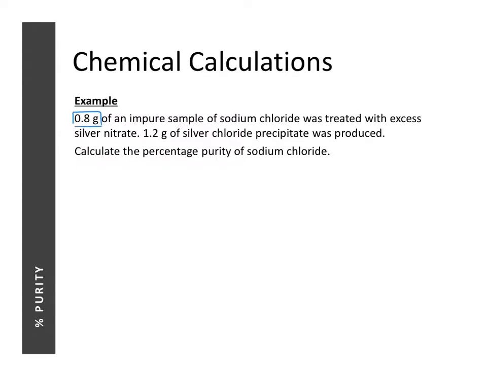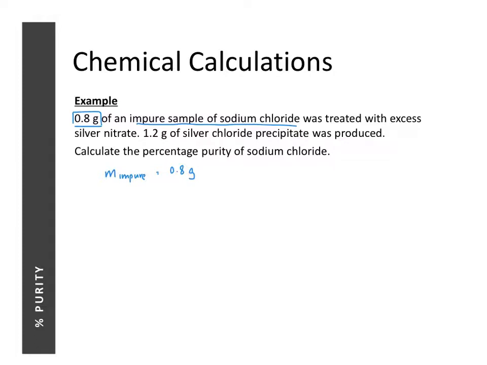What is this mass for? It's for your impure sodium chloride. So the mass of impure sodium chloride is 0.8 grams. This is given in the question. What we need to find next is, out of this 0.8 grams, how many grams of it is actually sodium chloride? So how do we find it?